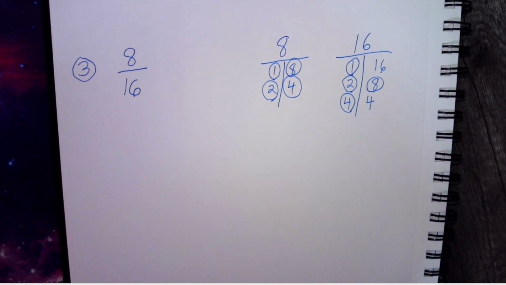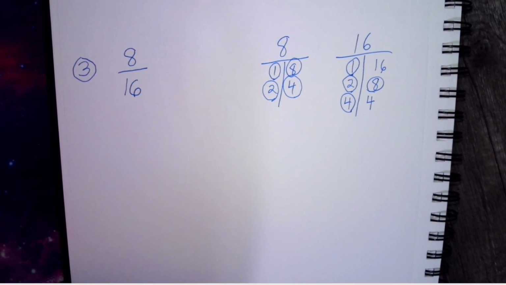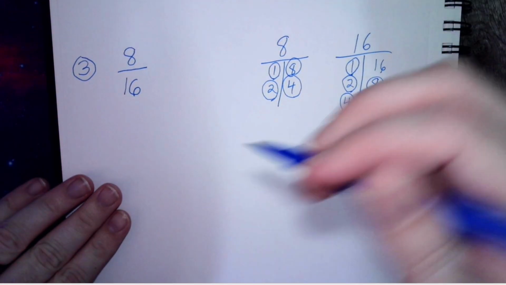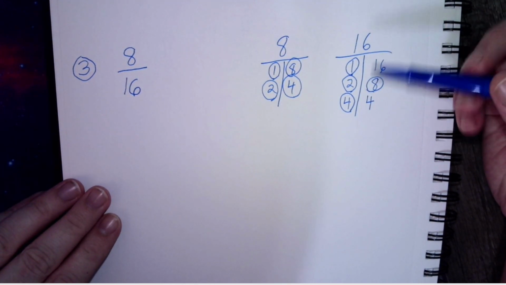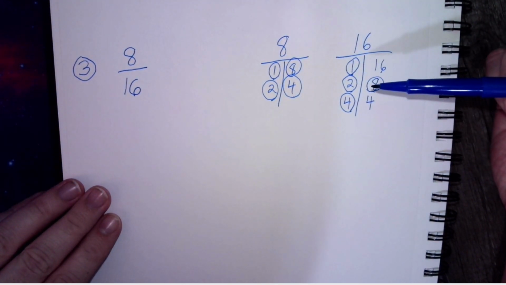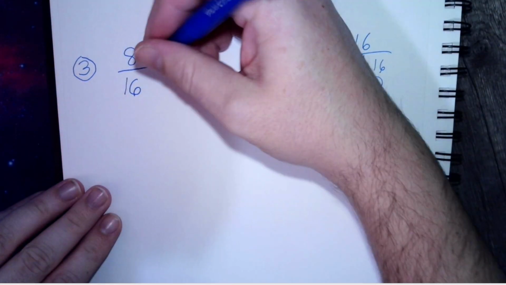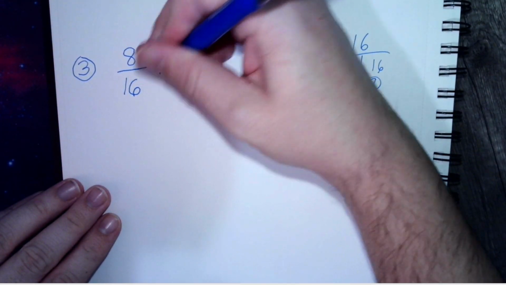Because a common question is, what's going to happen if we don't divide by the GCF? What if we divide by another factor that they have in common? Well, we'll do that first, and then I'll show you why if we just divide by the GCF, it saves us some time. So what if I did make my mistake? What if I did overlook the 8 and I went with the 4? Well, I can do that.